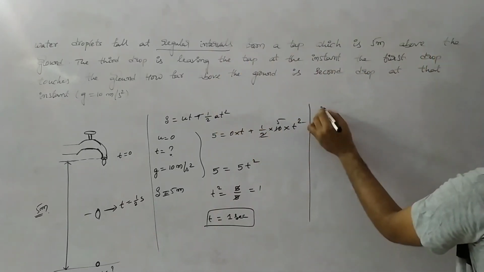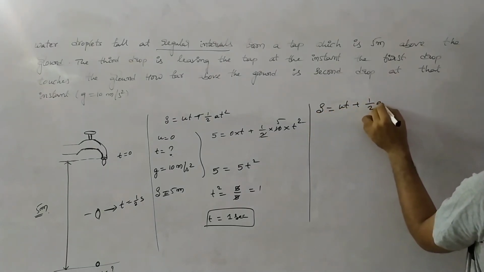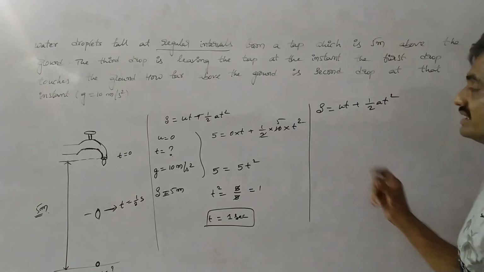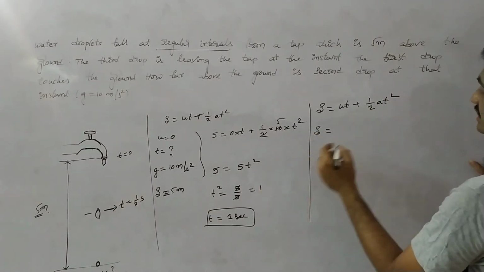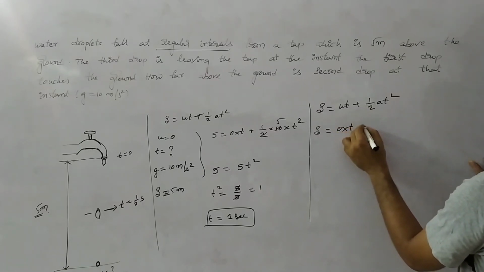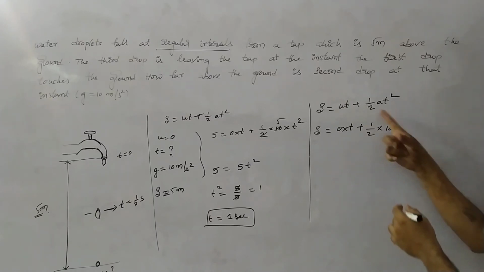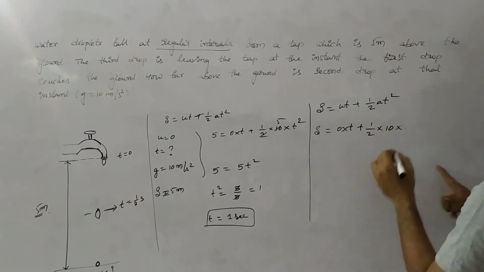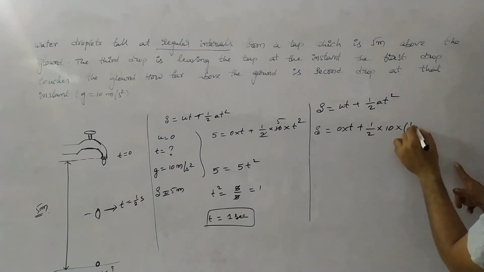In order to find this, again we consider the equation s equals ut plus half at square. So at this height, s equals initial velocity 0 into t plus 1 by 2 into acceleration due to gravity, plus 10, into time, half a second, that is 1 by 2 whole square.